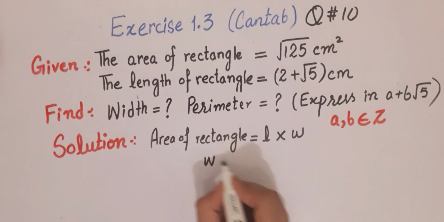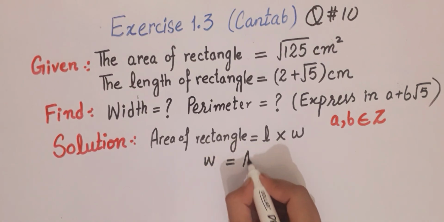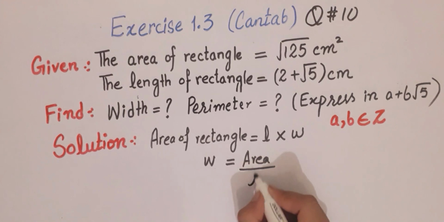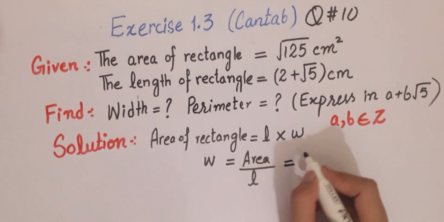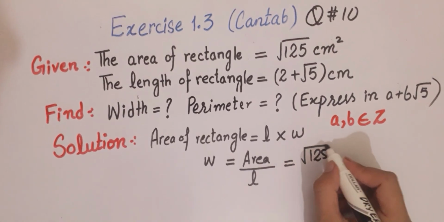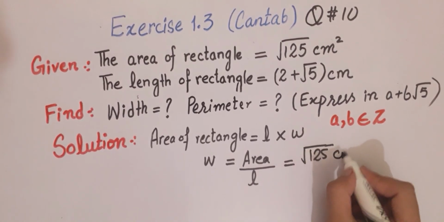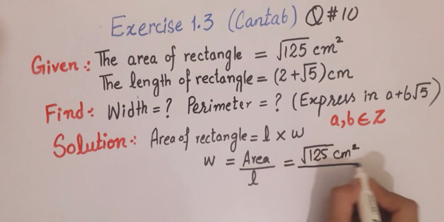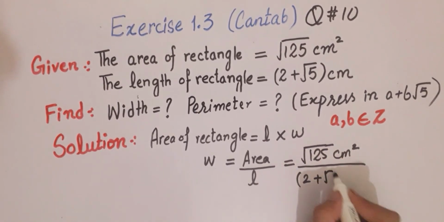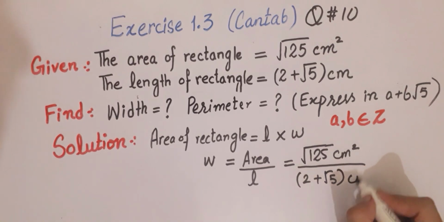So we can write this as w is equal to area by L. Now what is the value of area? That is square root of 125 centimeter square, and the value of length is 2 plus square root of 5 centimeter.